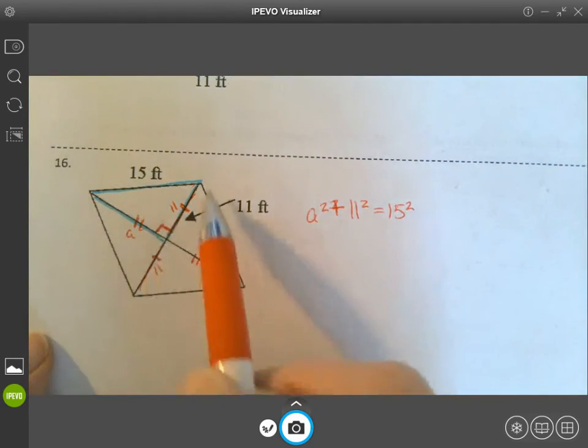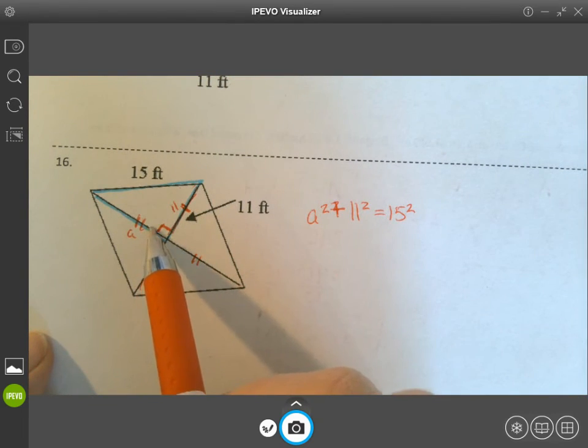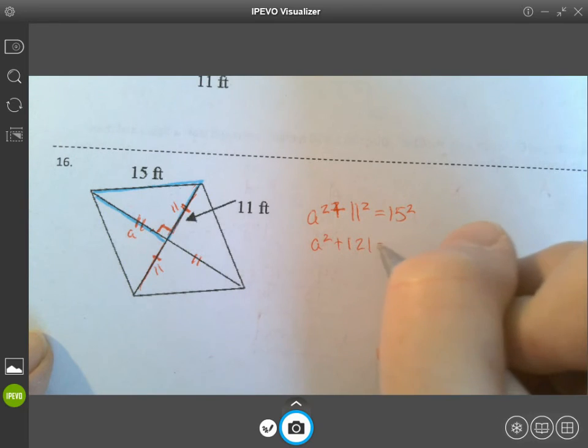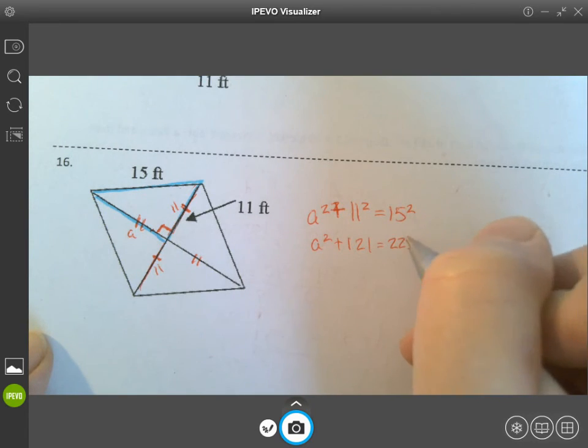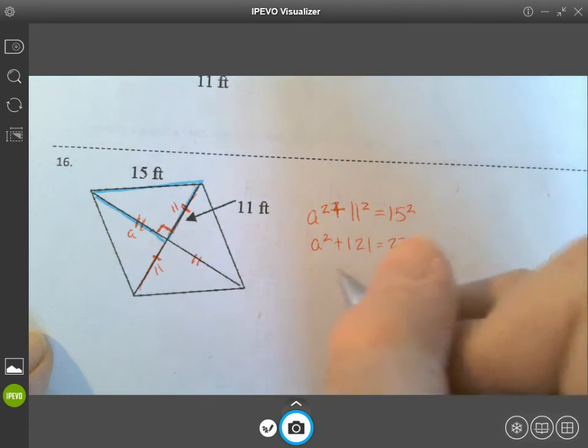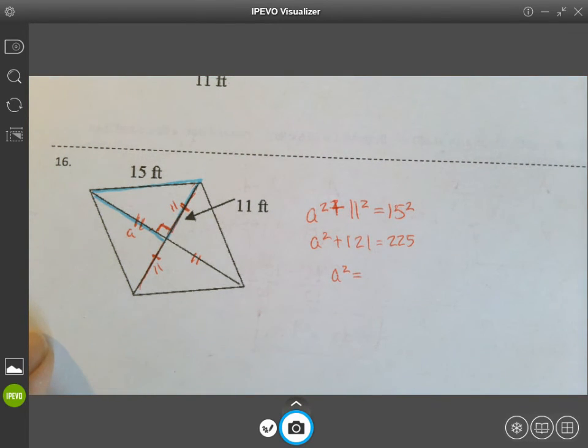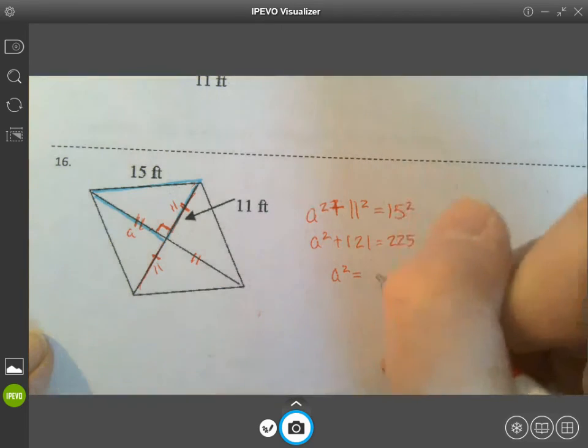Do you see that blue right triangle? Okay. So we got A squared plus 121 equals 225. So what does A squared equal? Should be 104.